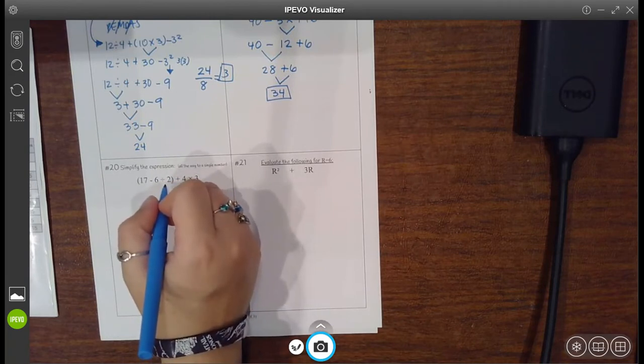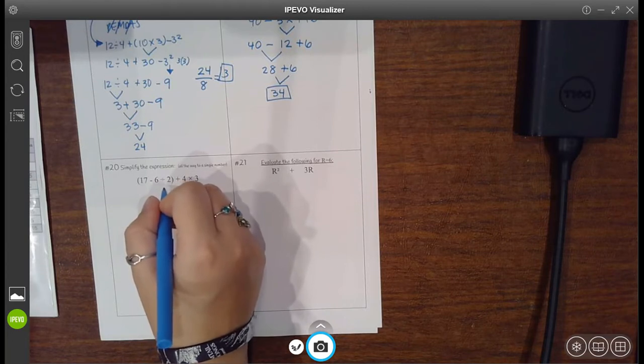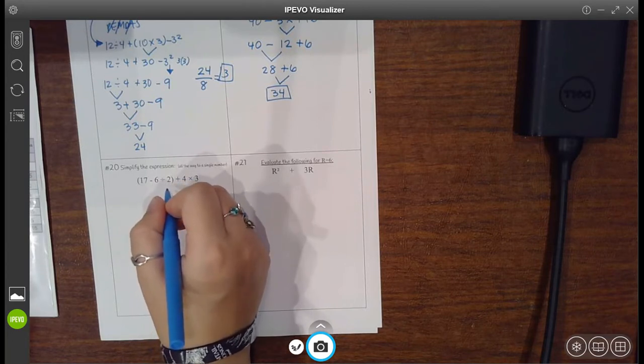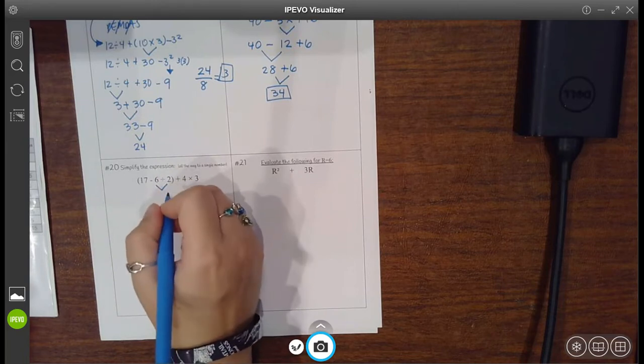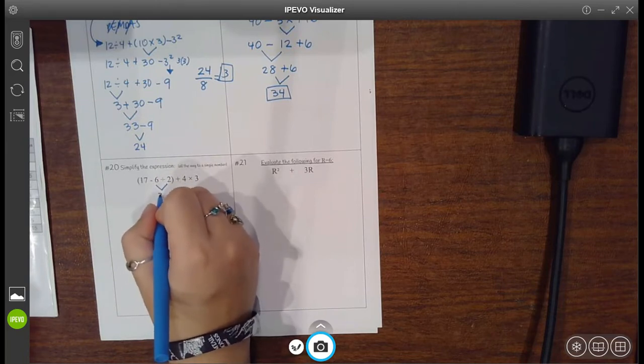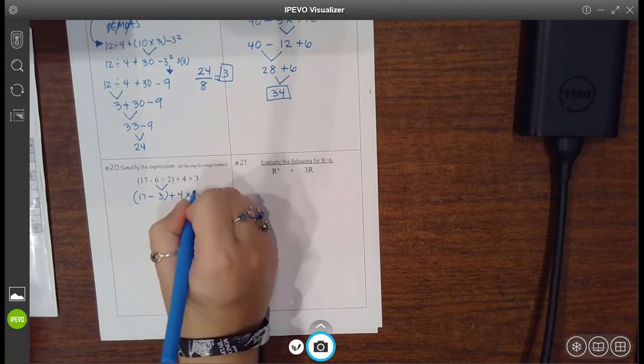All right. This is what I'm going to do first. And within the parentheses, order of operations still apply. So should you subtract or divide first? Division comes before subtraction. So 6 divided by 2 is 3. Bring everything else down.